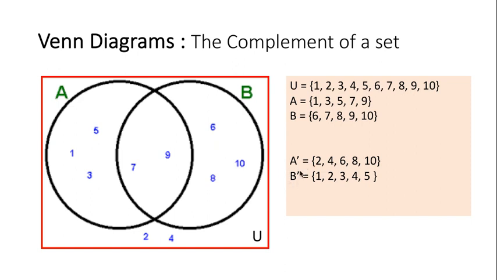And just for the sake of argument, what about those elements that are not in B? Not in B are 1, 2, 3, 4, and 5. All the elements that are not in the B circle.